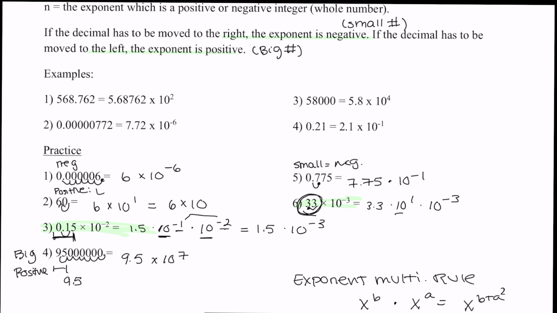Since the base is the same and this is multiplication, you add the exponents together, leaving us with 3.3 times 10 to the negative second. So that will be your answer for that.